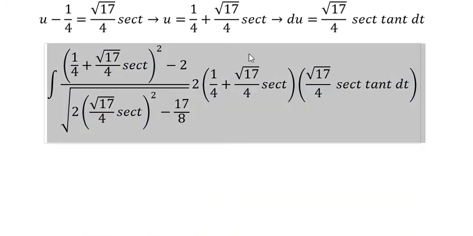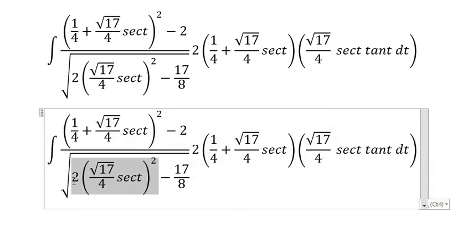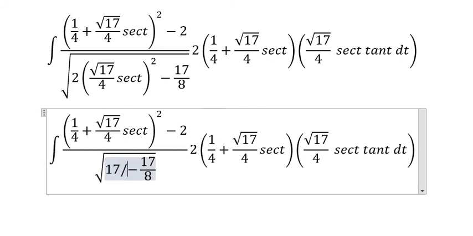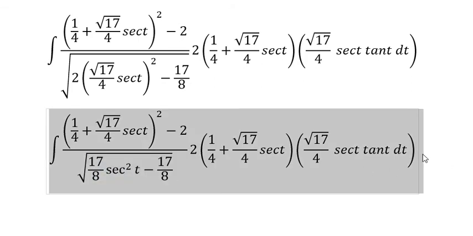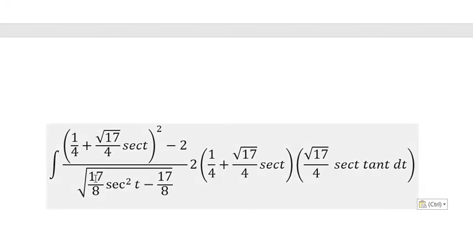Next we need to simplify this one with number 2 in here. You got 17 over 8 secant of t squared. The square root of 17 over 8 we put outside.